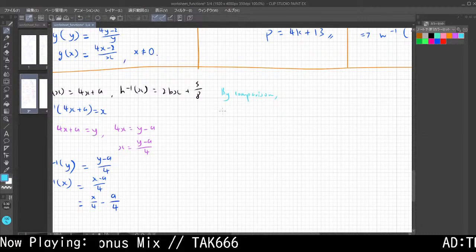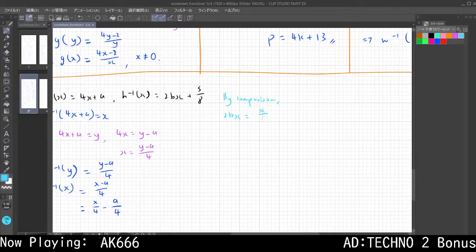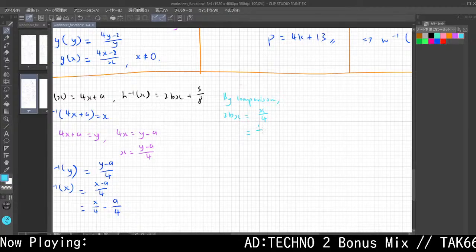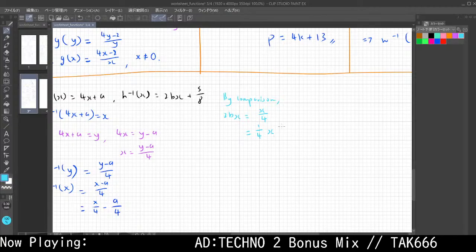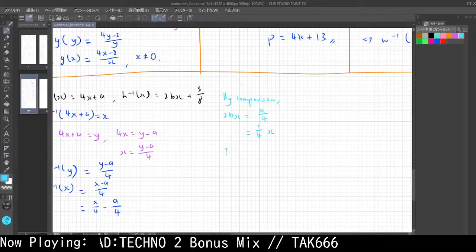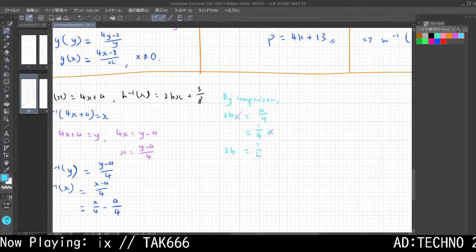By comparison, my 2bx, x is comparing with x, so 2bx compares with x over 4. This can also be written as 1 over 4 multiplied by x. x and x cancel out. You will get 2b equal to 1 over 4.